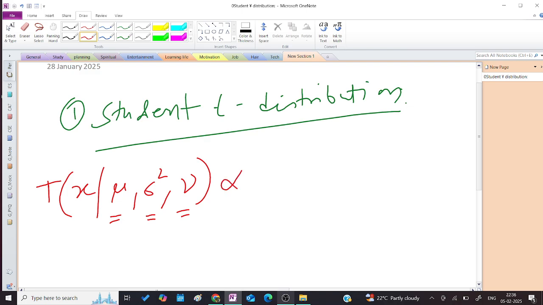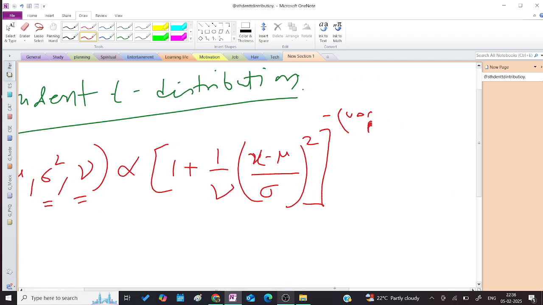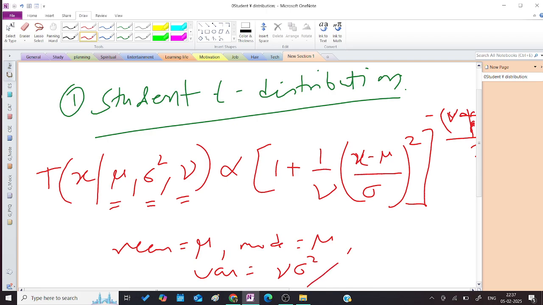This is proportional to (1 + (1/v)((x - mu)/sigma)^2) to the power minus (v + 1)/2. The mean is mu, the mode is mu, and the variance is equal to v sigma square by (v - 2).